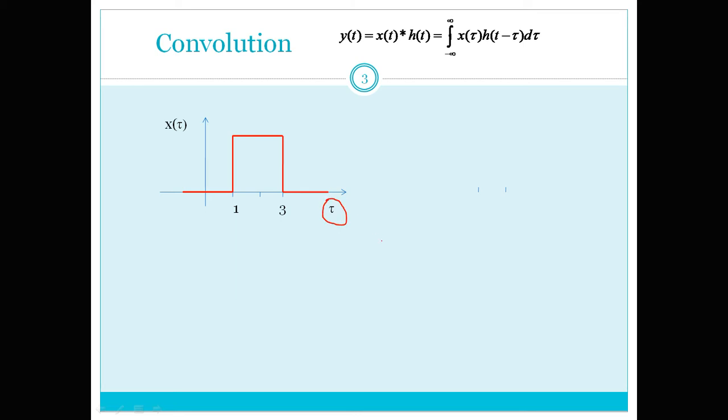But here h of t minus tau is something tricky, and we have to do some work. I will show you clearly.